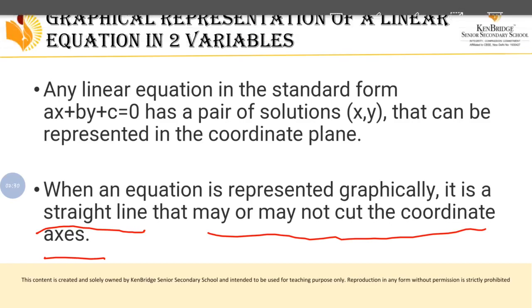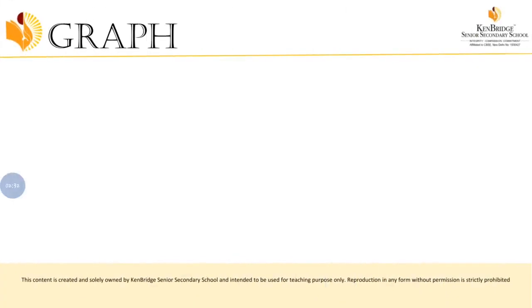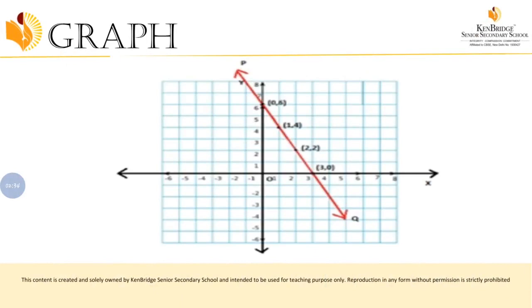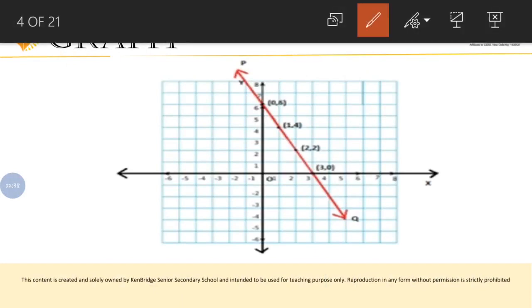So this is a graph of a linear equation. Here is a model graph. Just look at this. This rectangular plane is a coordinate plane, and this is called the x-axis, and this is called the y-axis. This red color line denotes the straight line of an equation.